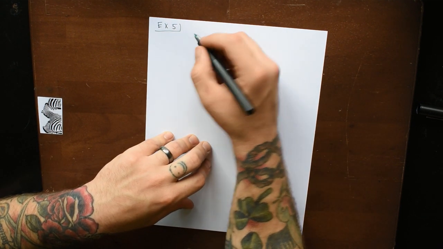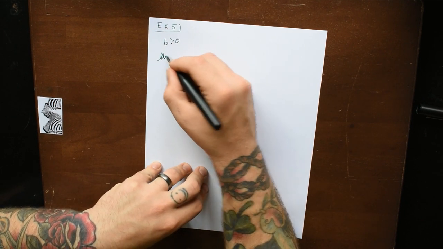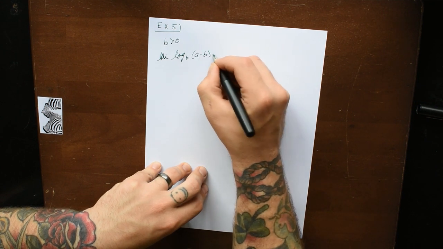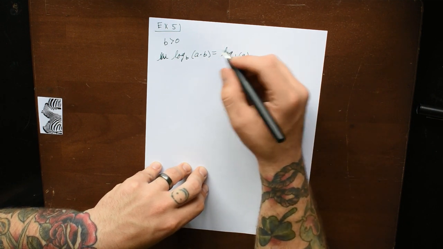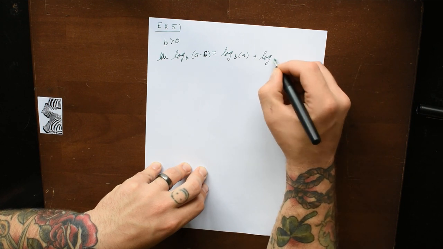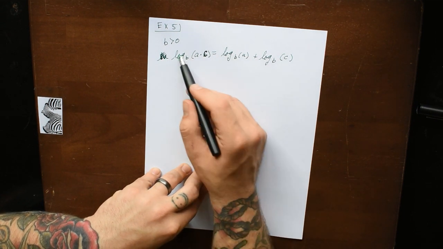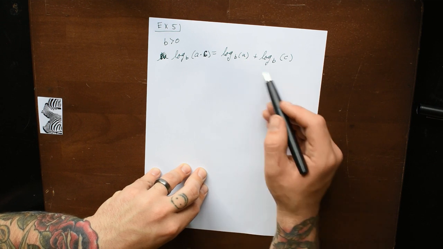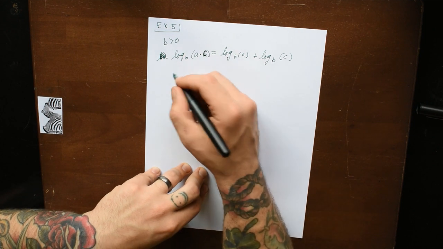For any base b greater than 0, the log base b of a times c, I'll call that c just so they're different, is equal to the log base b of a plus the log base b of c.